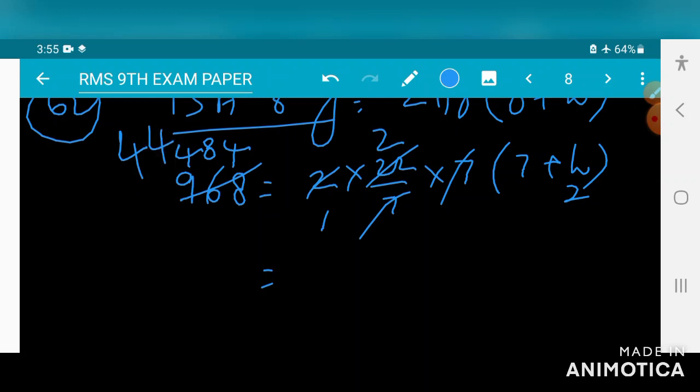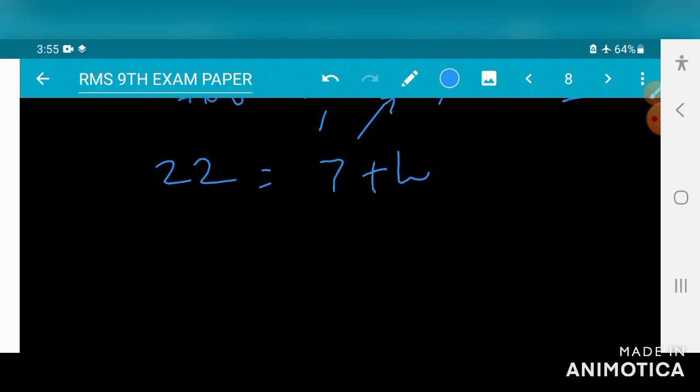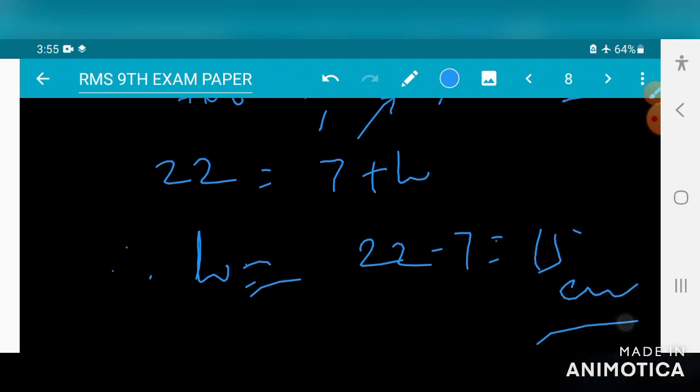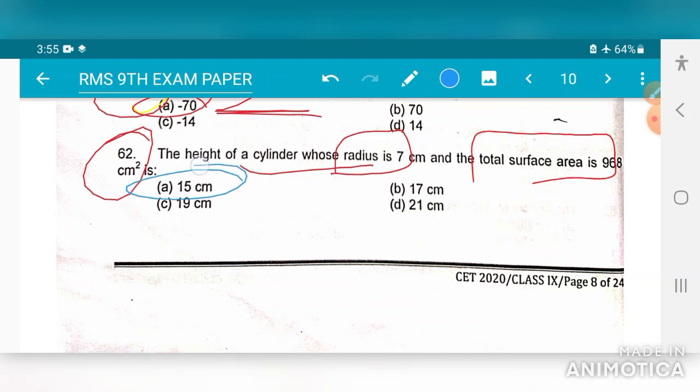So left over is 22 is equal to 7 plus h. Did you get it? Yes, good. Next, what is the value of h here? H is nothing but 22 minus 7 is equal to 15 centimeter. Centimeter, 15 centimeter. This is the answer.